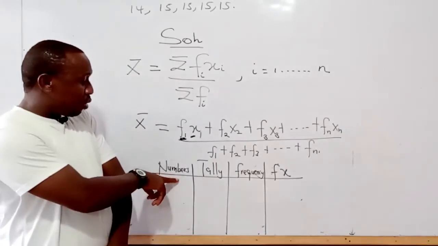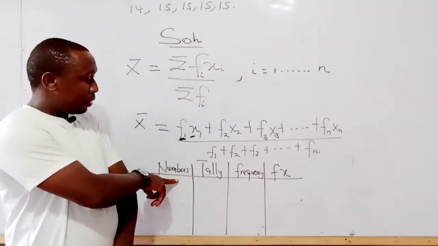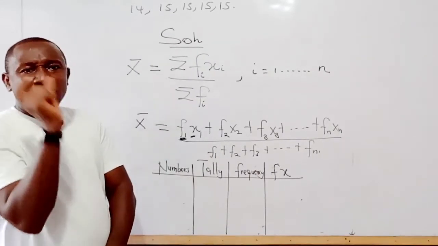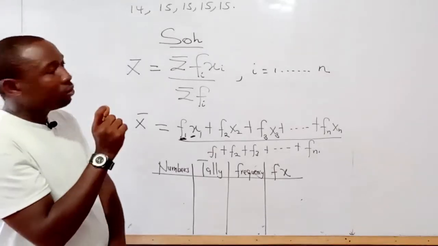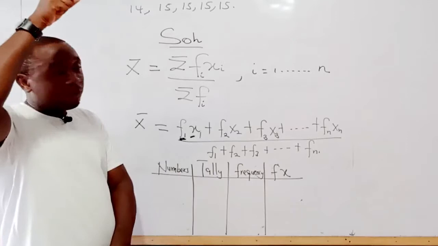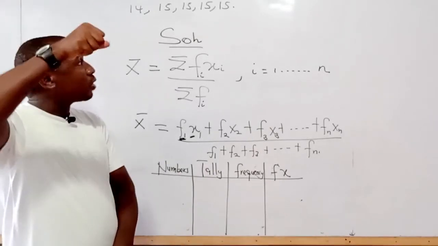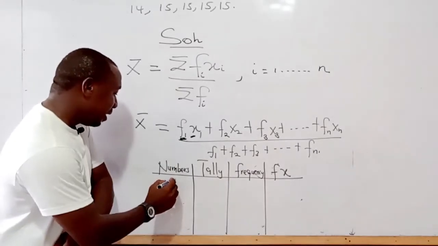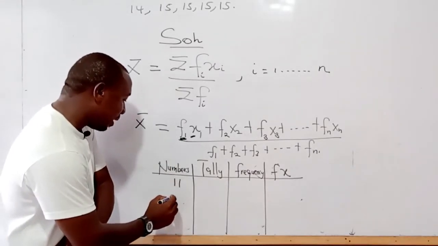What numbers are we dealing with here? The numbers we are dealing with include 11, 12, 13, 14, and then 15. We arrange them in ascending order.